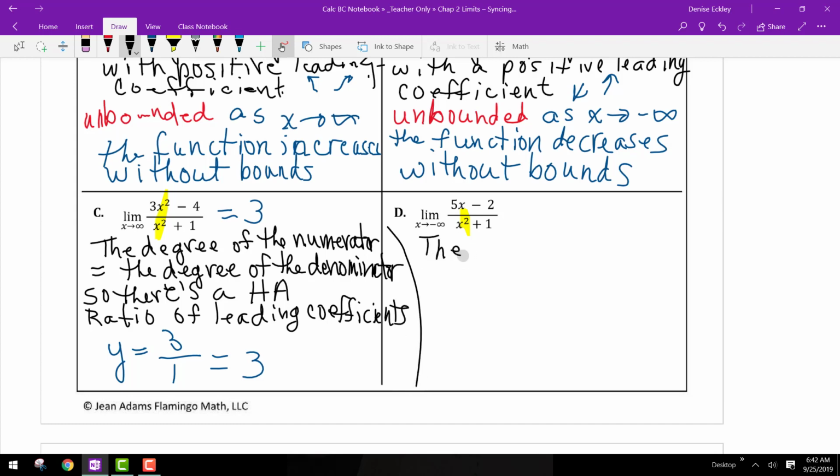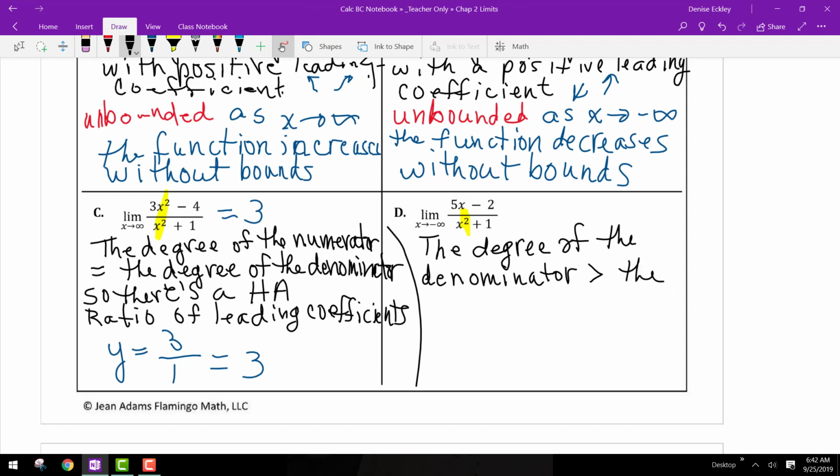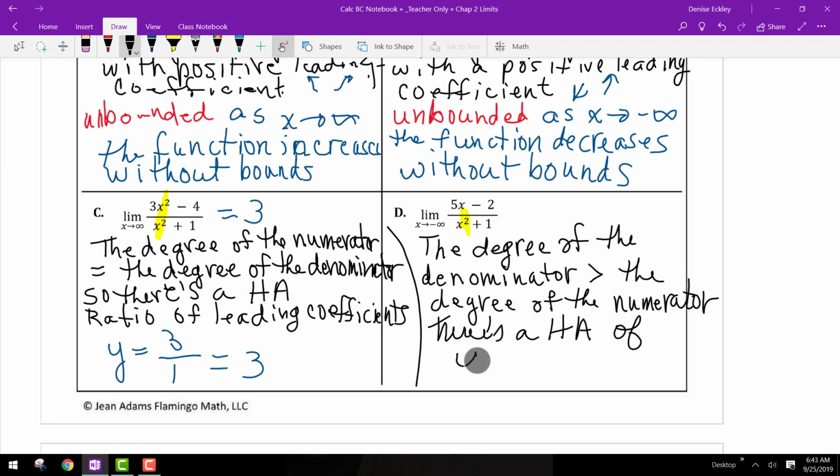The degree of the denominator is greater than the degree of the numerator, so there's a horizontal asymptote of y equals 0. So our function is headed to 0.